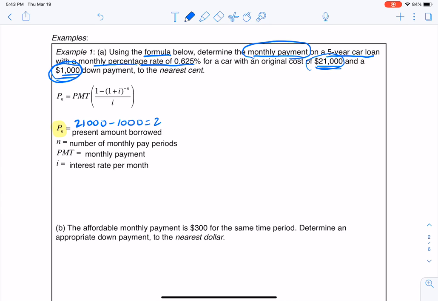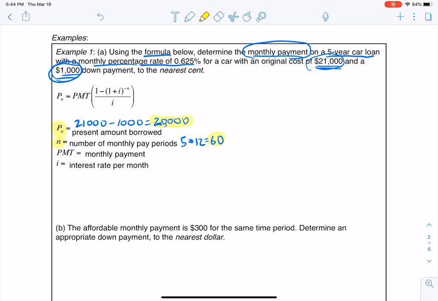So that's $21,000 minus $1,000, or $20,000. That's the amount we would need to borrow. The next thing in this equation is N, which is the number of monthly payment periods. Well, it's a 5-year loan, and if the payments are monthly, it's happening 12 times a year. So that means we would have a total of 60 payments.